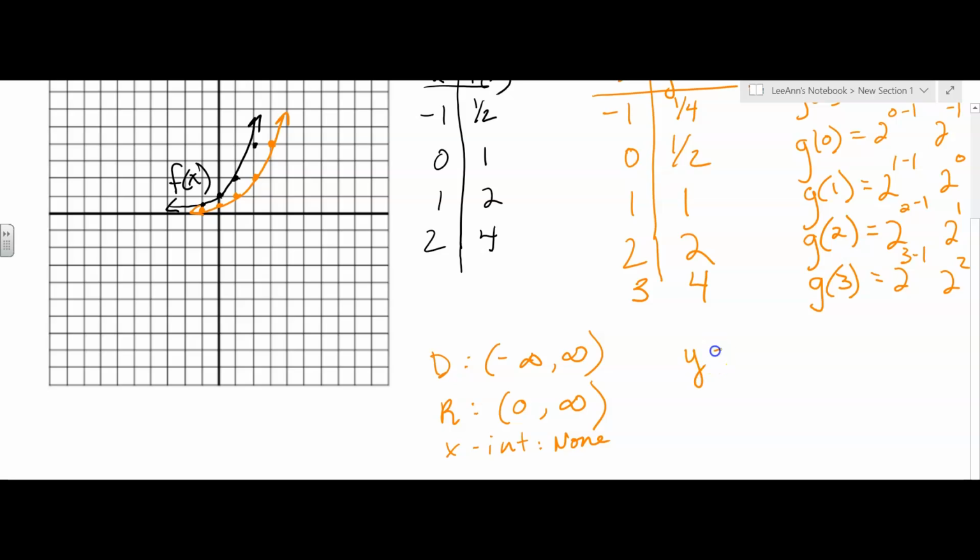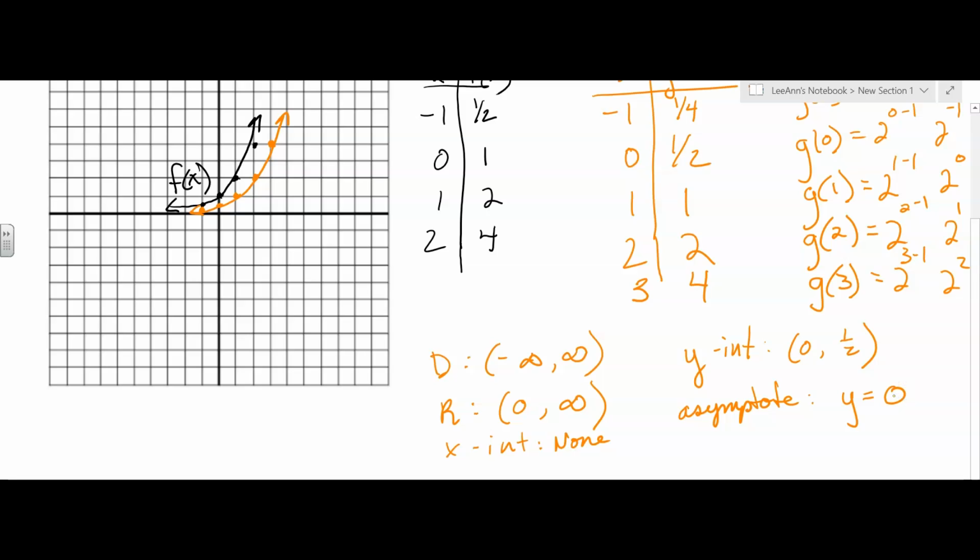But the y-intercept, it's not 0, 1 this time. It's 0, 1/2. Now you could find that by plugging in 0 into the function. The asymptote here is still y equals 0.